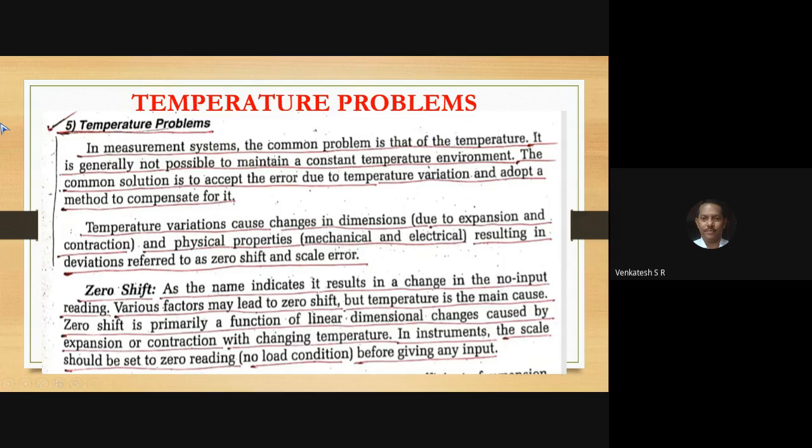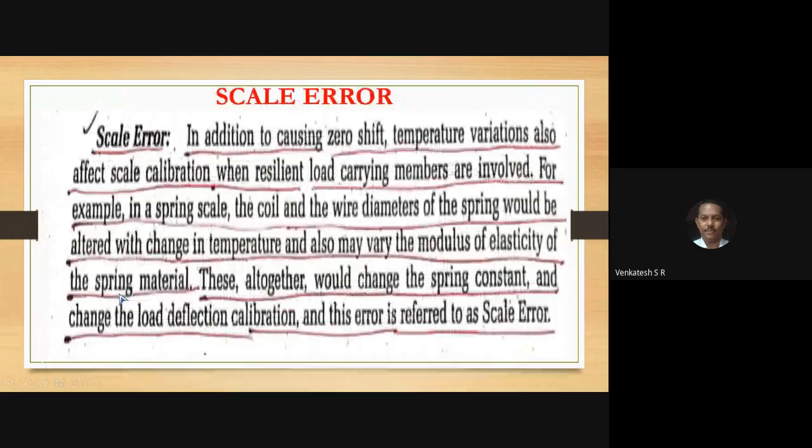And in some of the instruments, you always have zero shift, that is, you don't have the exact zero reading or null balance. Suppose you provide no input to the system, there will still be a little movement of the needle. That is called zero shift.